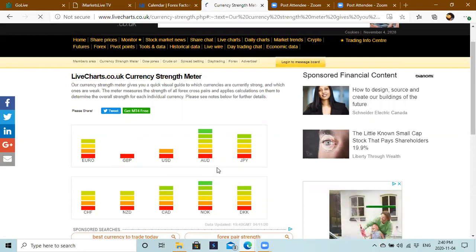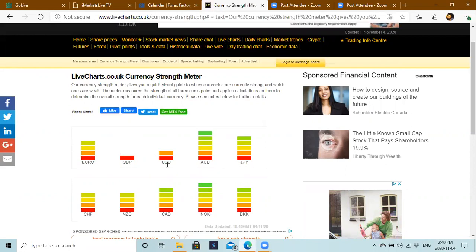Yes. So always remember in the currency pairs, Euro to USD, Euro is going to be a buy and USD is going to be a sell. If we were in Euro AUD, Euro is a buy and AUD is a sell. It's always the first currency in the pair that is the buy, and the second one is always the sell.